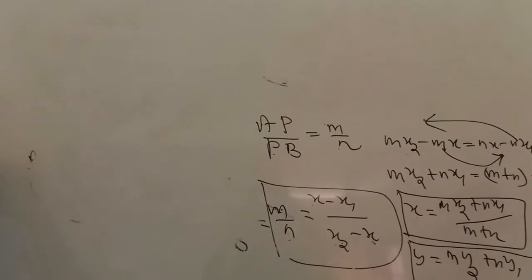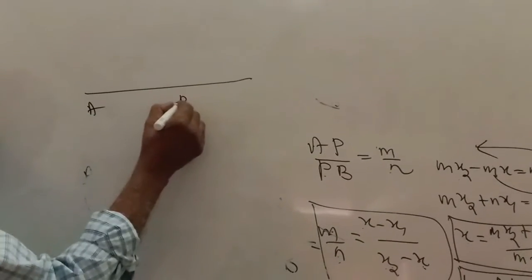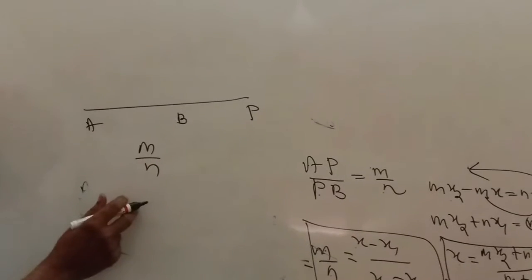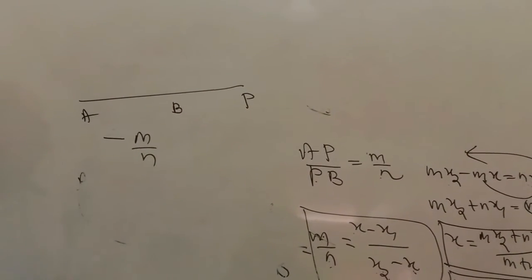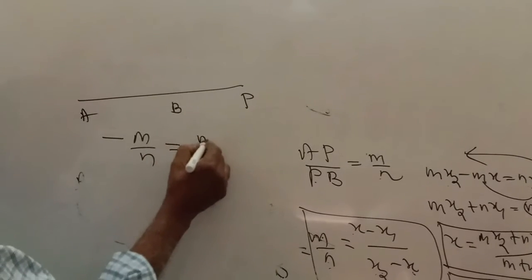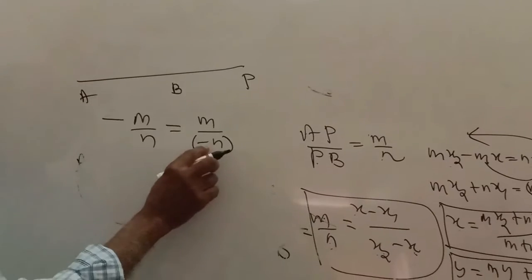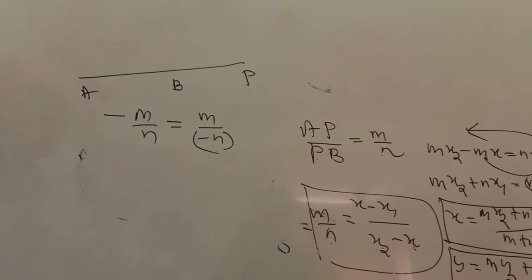Now what happens if the point of division is outside? The ratio is not m by n, it is negative, so it is minus m by n. Minus m by n can also be written as m by minus n. So if you replace n by minus n in the result, we get x and y.